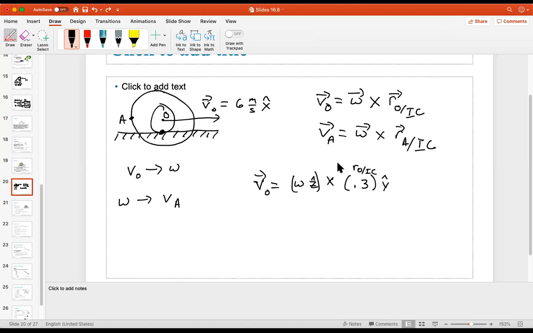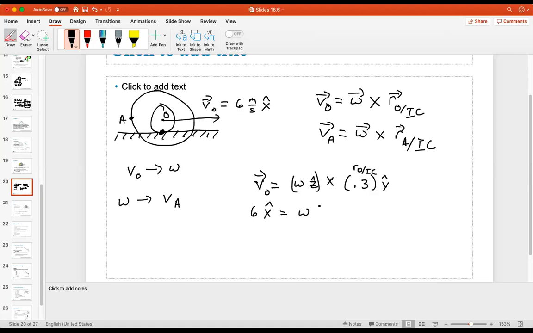So when I do that cross product, I'm just going to plug in the things that I know here. I've got 6 meters per second times x hat equals omega z cross y. Let's think about that. Z cross y is negative x hat.